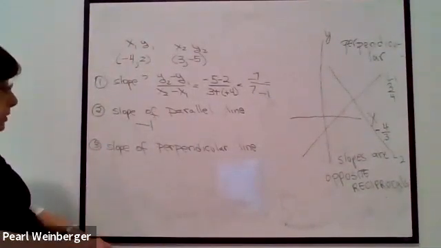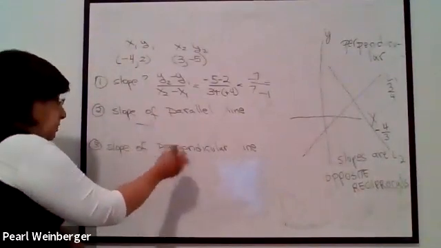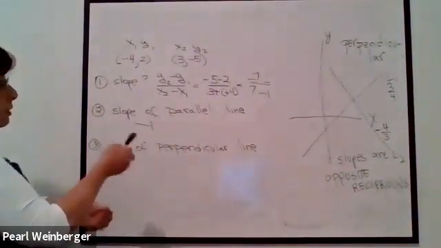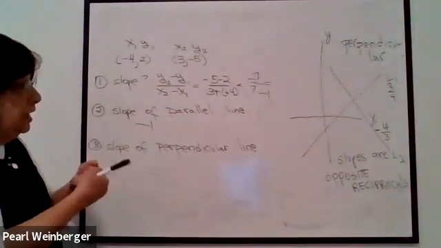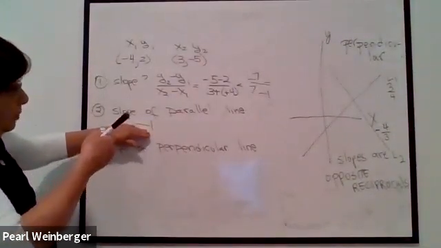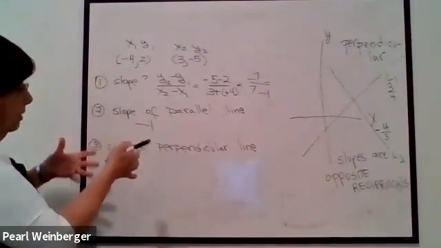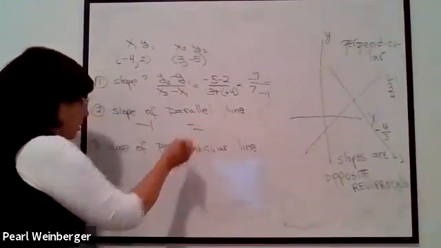What about a perpendicular line? Well, we said the slope of this line is -1. And we said when you want the slope of a perpendicular line, what you have to do is the opposite reciprocal. Now, this is not being written as a fraction. Usually, when we want to find a reciprocal, we want to have it as a fraction, which is -1/1.